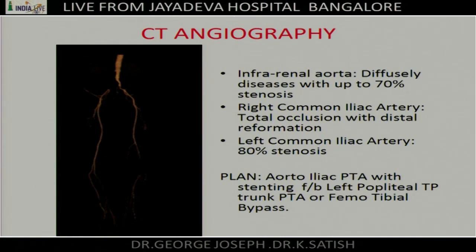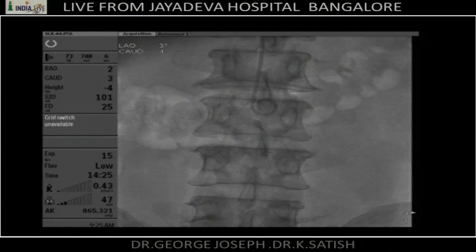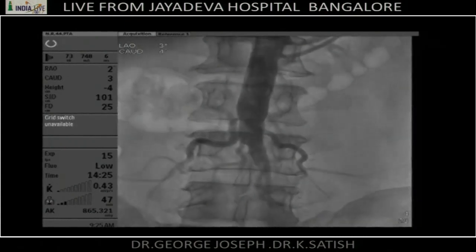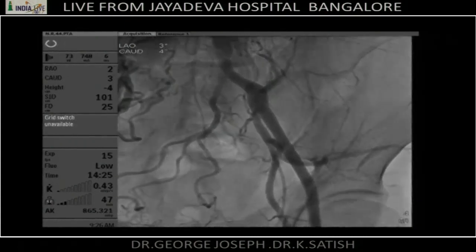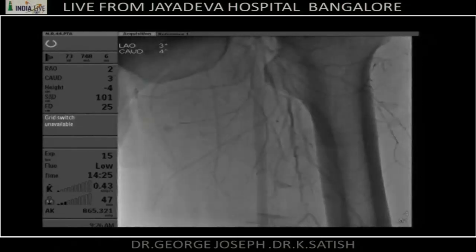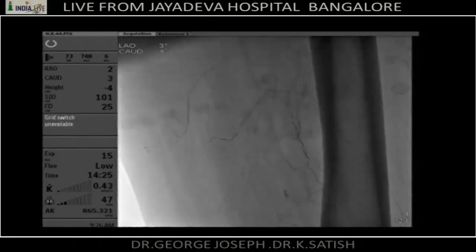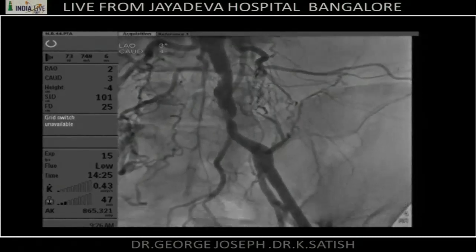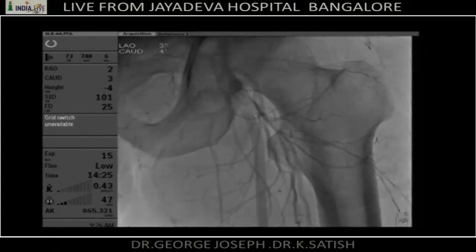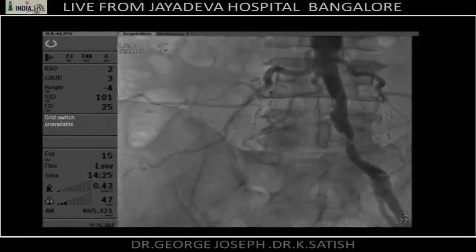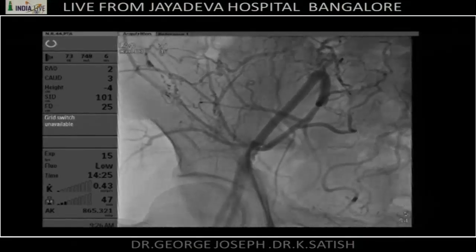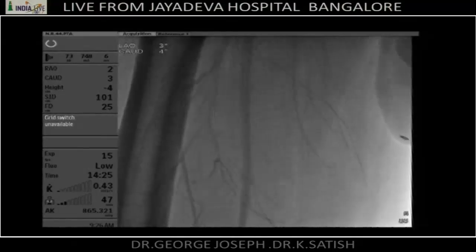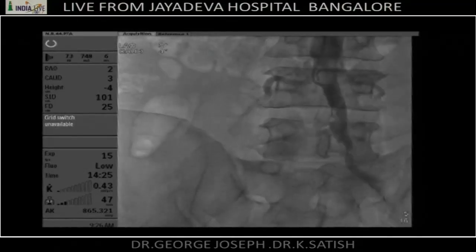We did a coronary angiogram which was normal, and then we did an aortogram from a left brachial approach, and you can see much the same thing we saw on the CT: occlusion of the right common iliac, severe focal stenosis of the left. That's the right side. Beyond the occlusion it's okay.